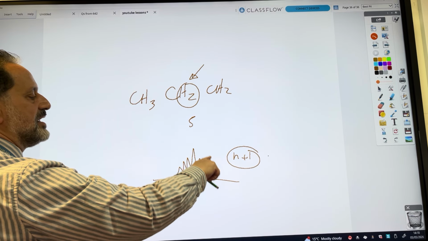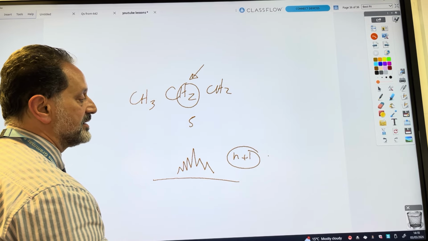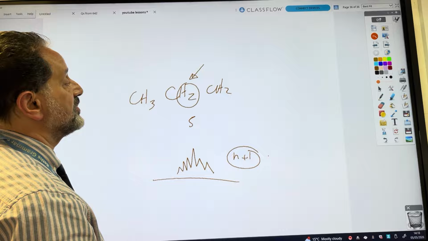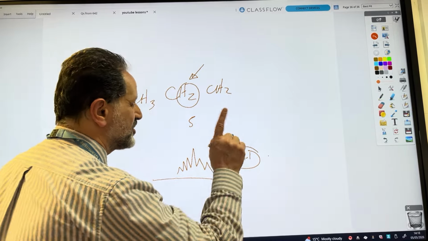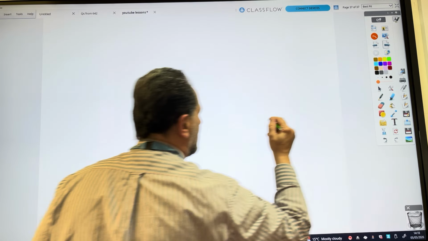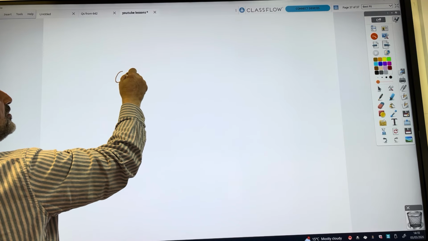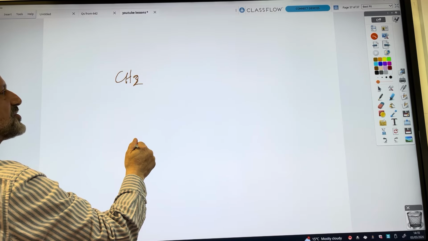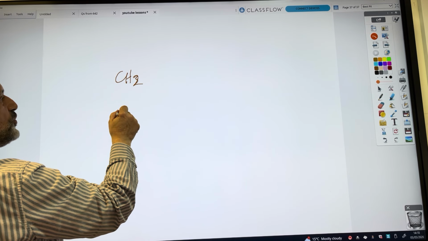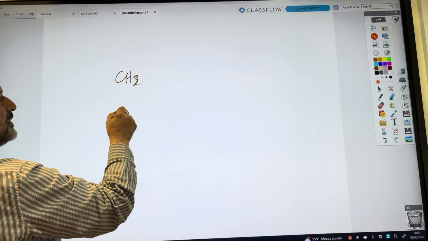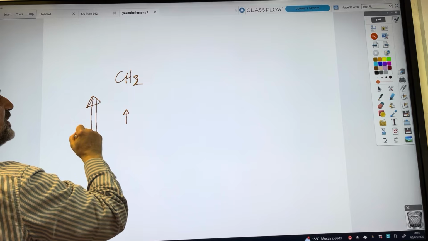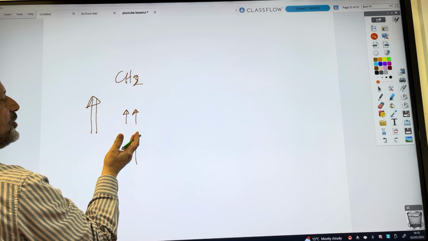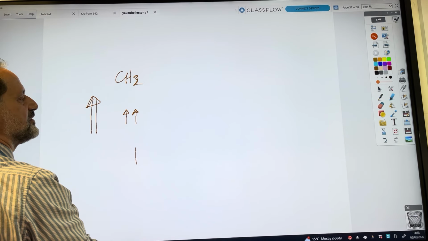And the reason that they peak like that and drop like that, I don't think you actually need that for the example, but just for the sake of argument, if you're CH2, why does your neighbor appear as a triplet? Because if there are 2 protons, if this is the external magnetic field, in one probability, both of them could be parallel to the external magnetic field.